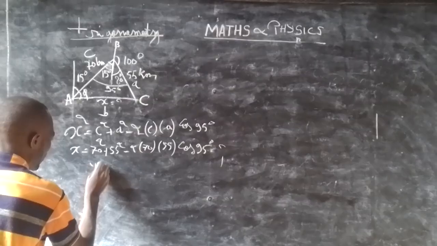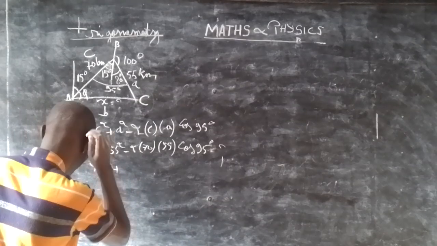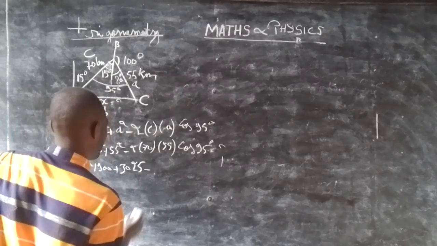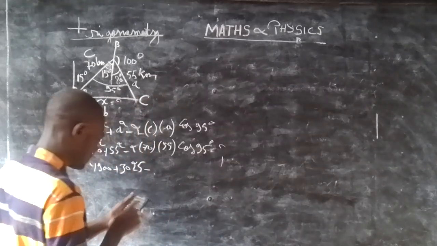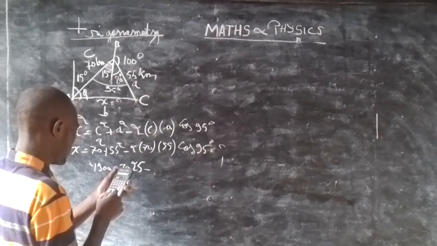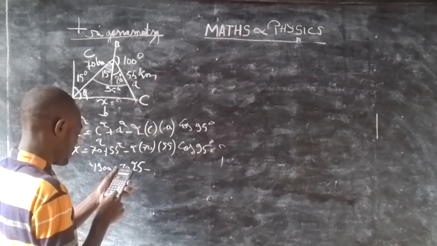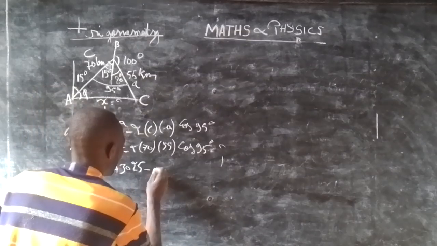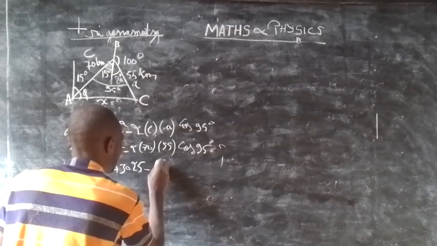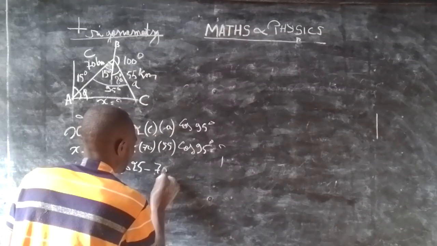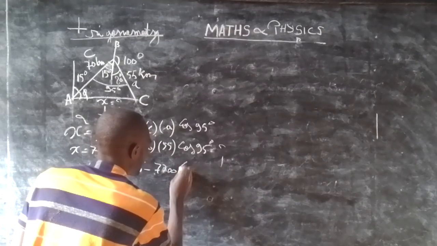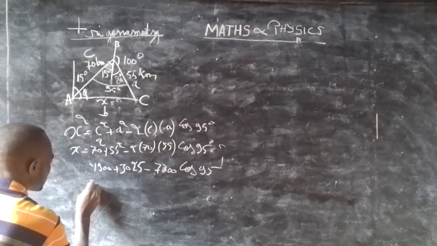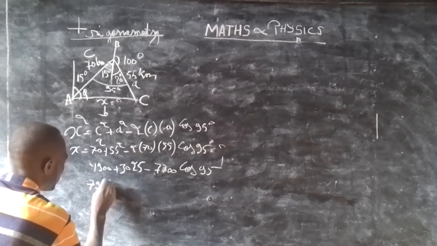So here we have 4,900 plus 3,025 minus 70 times 55 times 2, which is 7,700, cosine 95. Here we have 7,925.